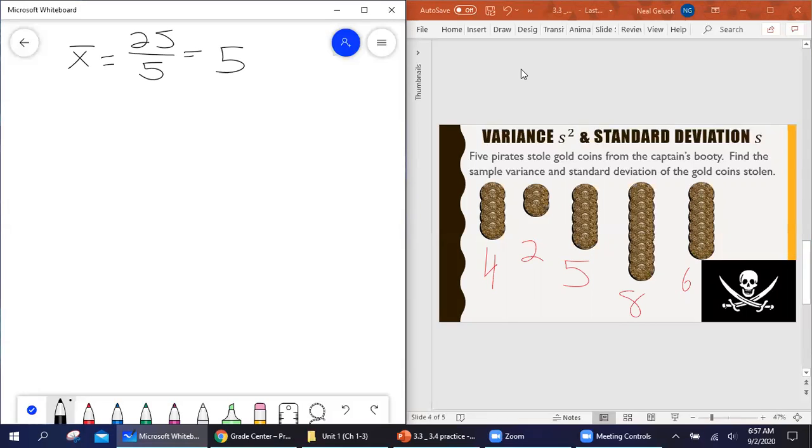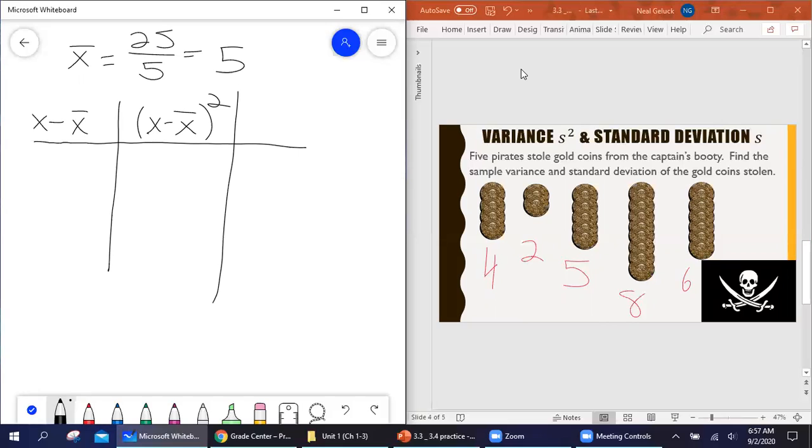Now, if you remember, we made a little chart, at least for the first part of the standard deviation calculation. So each x, then subtract off the mean.